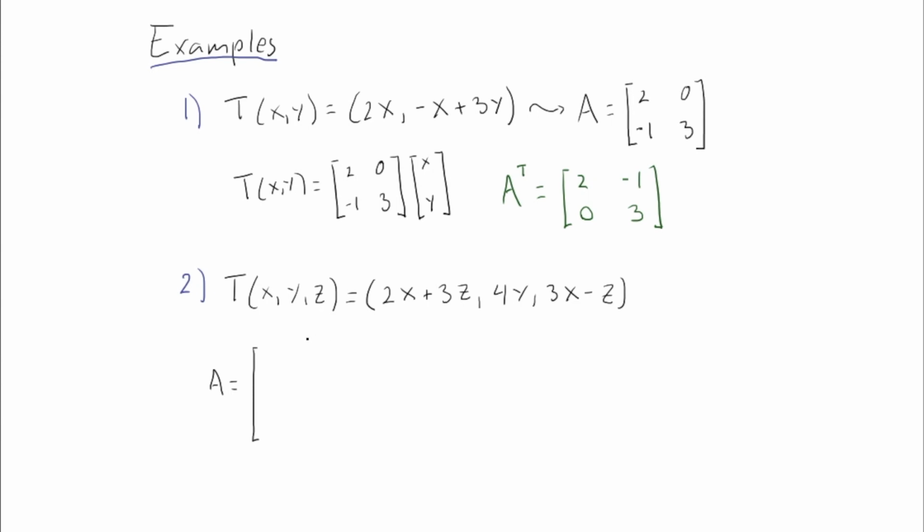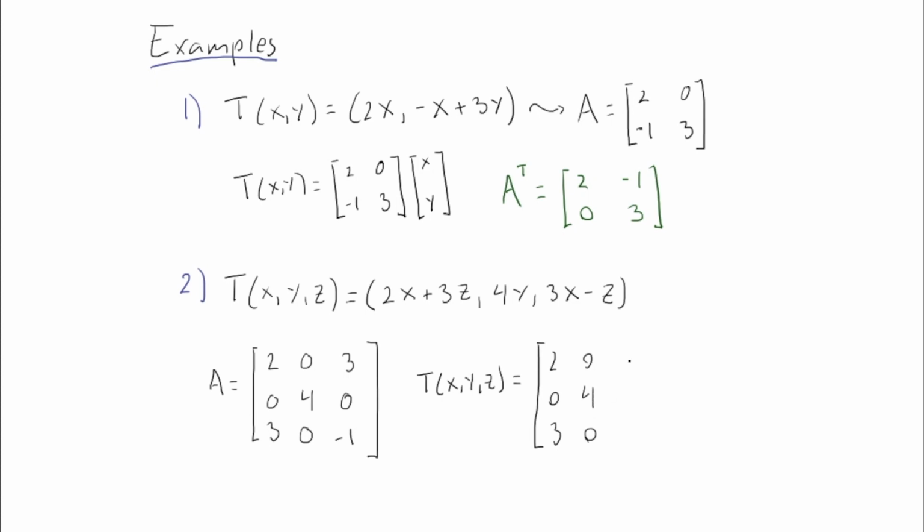It's the matrix [2, 0, 3; 0, 4, 0; 3, 0, negative 1]. Which means again that if you want to compute T of (x, y, z), that is the same as multiplying this matrix by the vector (x, y, z).